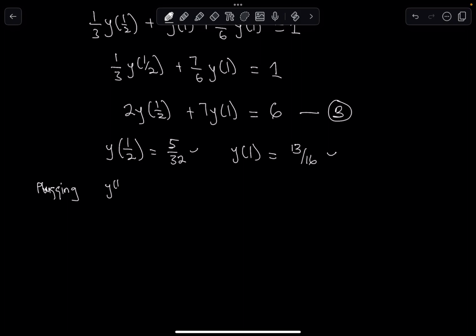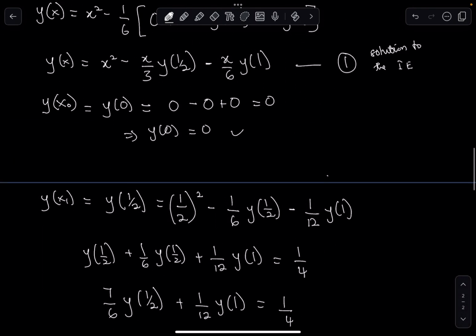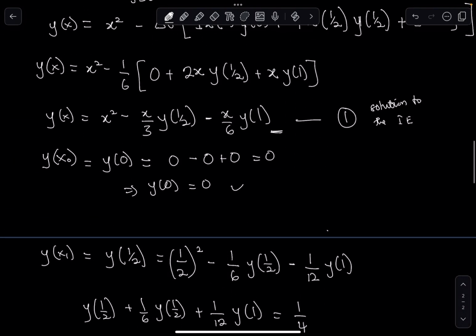Okay. So plug in the solutions into 1, right? What are we going to get? We are going to plug them back into this one over here.